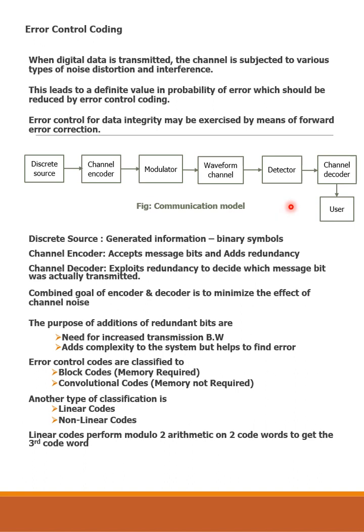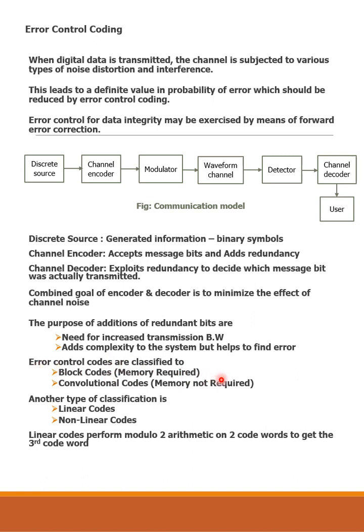In the receiver side, the demodulator demodulates the signal, and whatever redundant bits were added at the transmitter side are removed at the channel decoder in order to detect and correct the error. And finally, the information reaches the user. The purpose of adding redundant bits at the channel encoder is that it needs increased transmission bandwidth and adds complexity to the system, but helps to find the error.